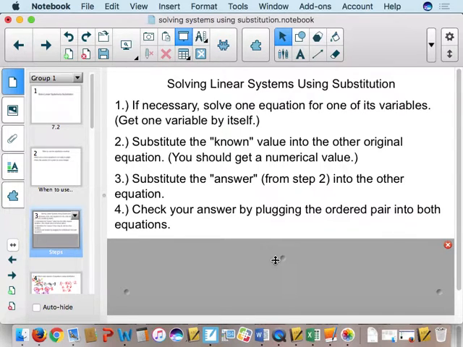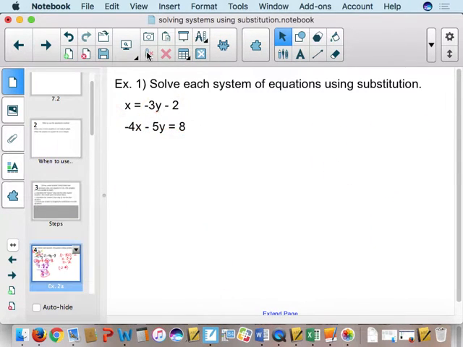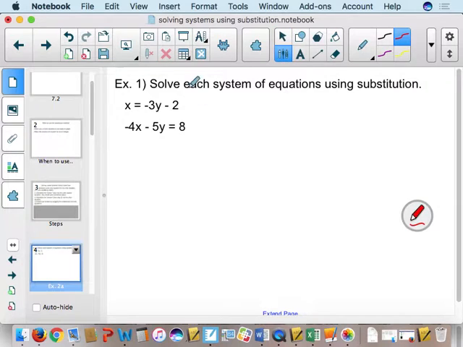All right, so at this time, we're going to go ahead and do example number 1. So step 1, get a variable by itself. Is that step done for us? It is. We have one variable by itself, and this is a prime example of when we would use substitution.